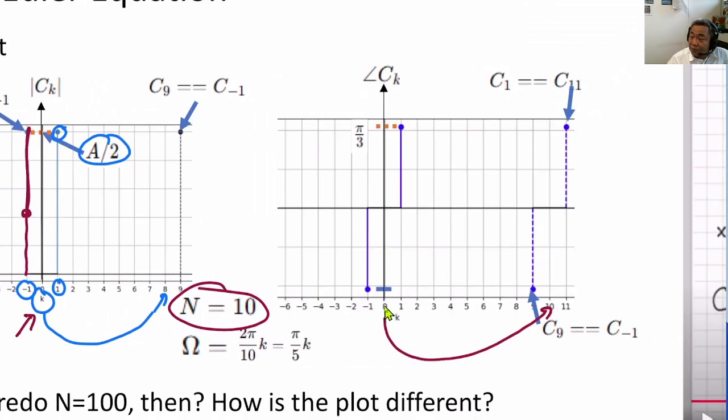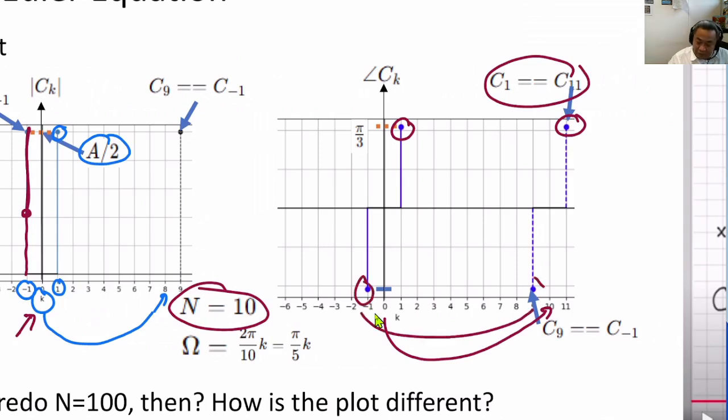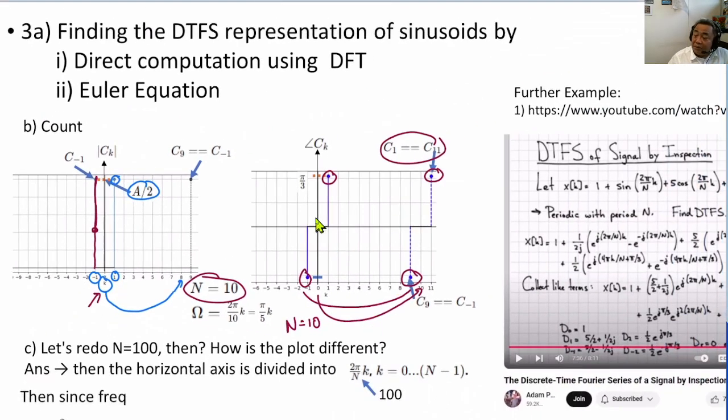So C0 and C10 are theoretically the same. C1 and C11 are the same. And C minus 1 is the same as C9 because capital N equals 10. Here we are plotting across 2 cycles, so you can explicitly see.